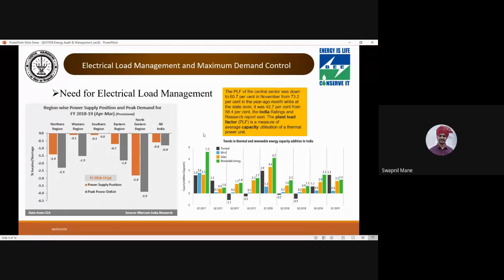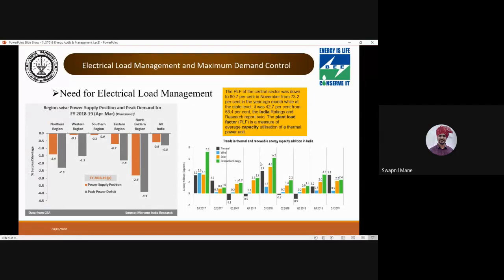So 7 divided by 10 is the value, which is 70%. So are you getting the idea? So 70% is the plant load factor. Actually, it should give me 10 megawatt, but it is giving me 7 megawatt because of several reasons.